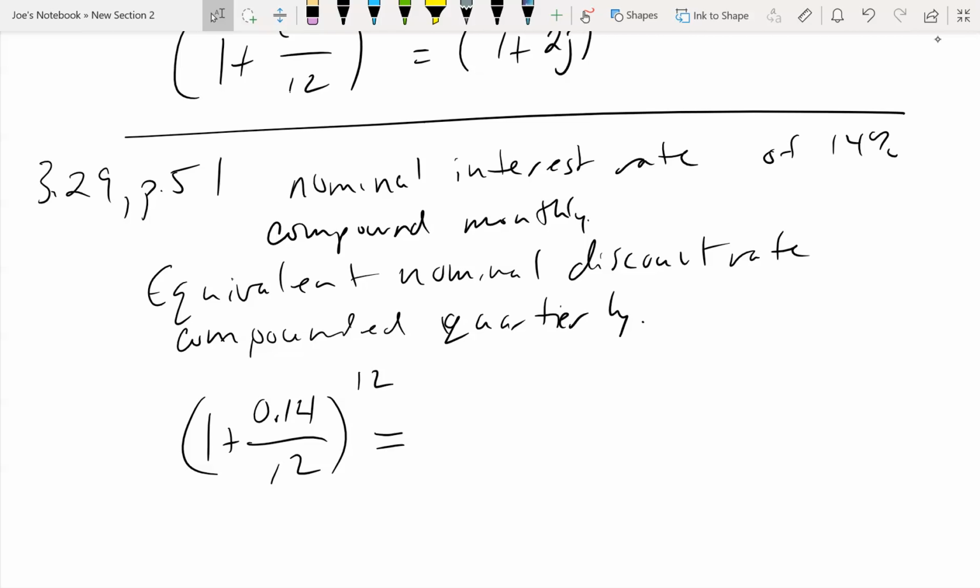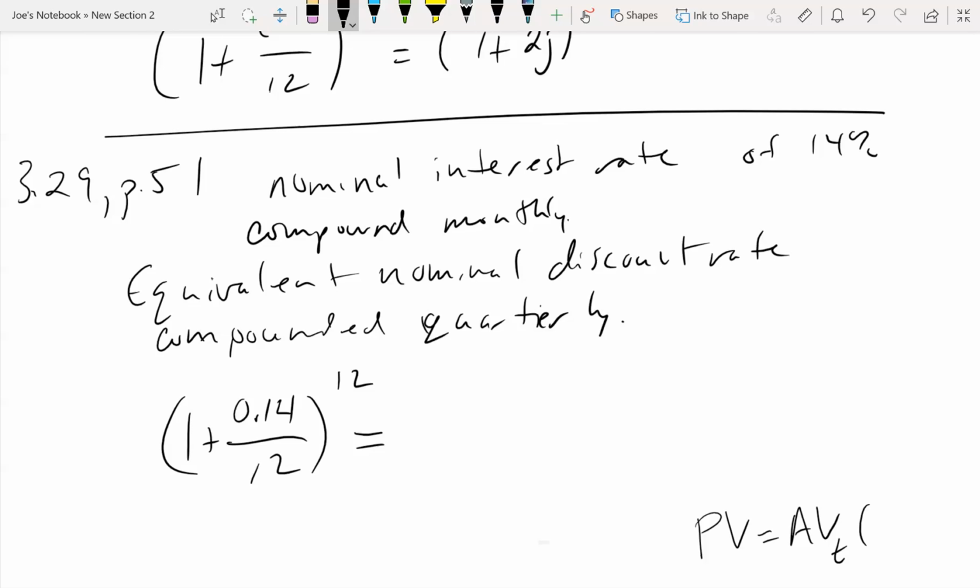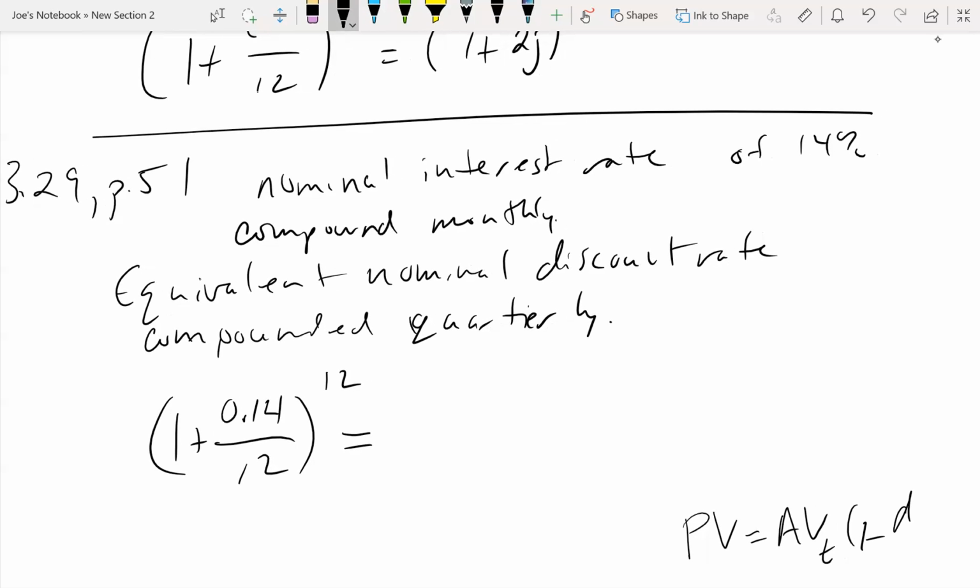In general, your present value is equal to your accumulated value times 1 minus dm over m, to the t, where t is the number of periods. But notice this expression gives you present value, not future value. This is a future value.